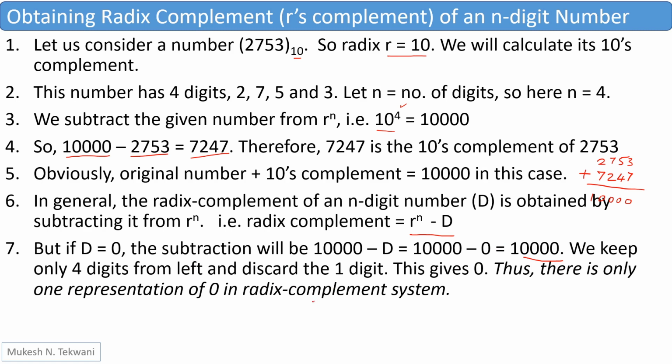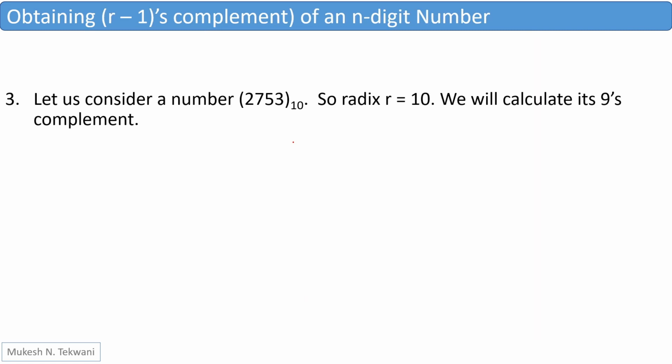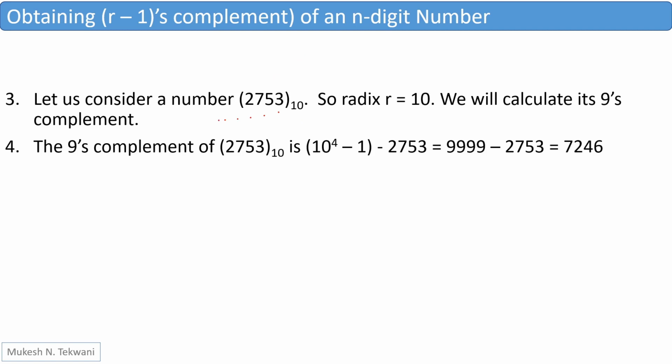How do we obtain the ones complement? Let us consider the number 2753. Here the radix is 10, and we will calculate the nines complement of this, that is the r minus 1's complement. The nines complement will be 10 raised to 4 minus 1, which is 9999, minus 2753, which is 7246.